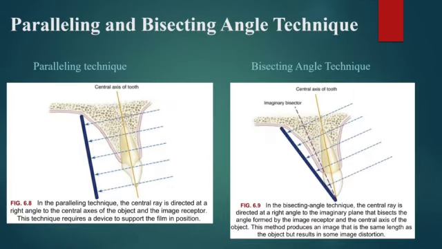Bisecting and paralleling technique. The paralleling technique is the preferred method for making intraoral radiographs. This technique seeks to minimize distortion by placing the image receptor parallel to the long axis of the tooth and directing the central ray perpendicular to both the long axis of the tooth and the receptor.